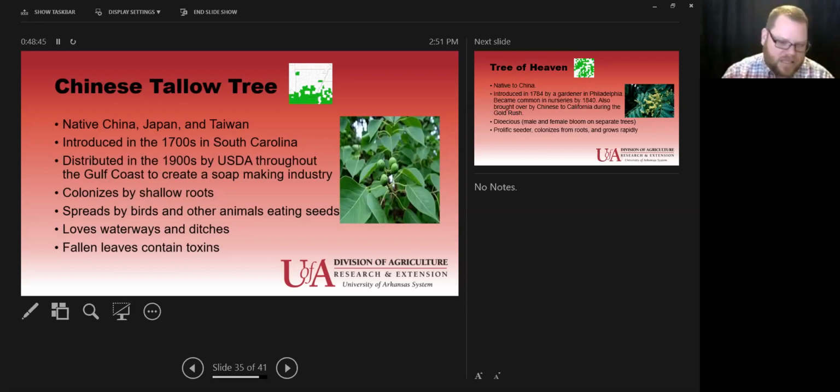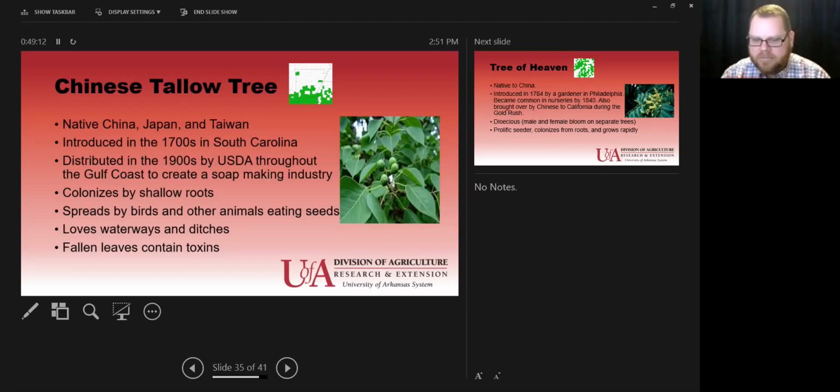They colonized through their shallow root system. And then they also produce those berries that you see on the picture. And birds and other animals eat those seeds and spread it. They don't like a lot of traffic, so they love waterways and ditches, places where there's not a lot of traffic or animals tromping. But the problem with tallow tree is that the leaves do produce toxins.